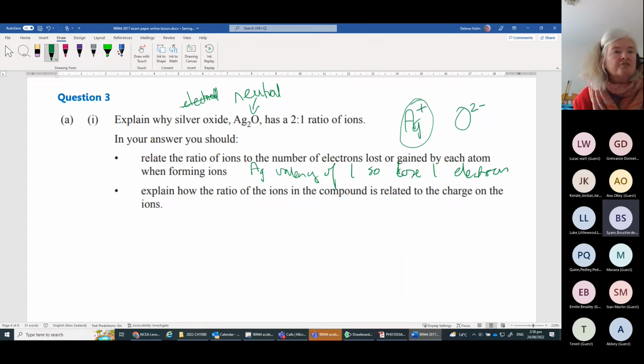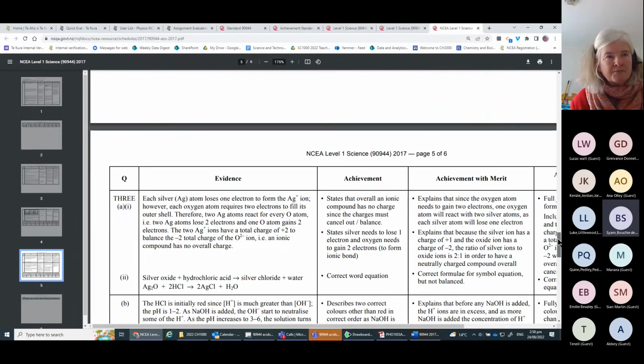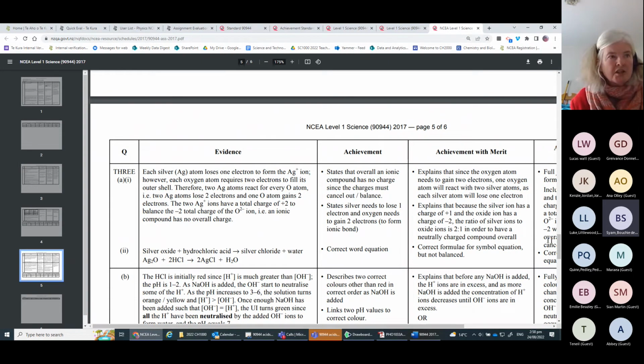So that's fairly straightforward, as long as you explain it. So explain to a 2-year-old, do the obvious, okay? That the silver atom is going to lose 1 electron, and we know it's going to lose 1 electron because the table of ions said it's Ag plus. So if it's Ag plus, that means the Ag atom must have lost 1 electron.